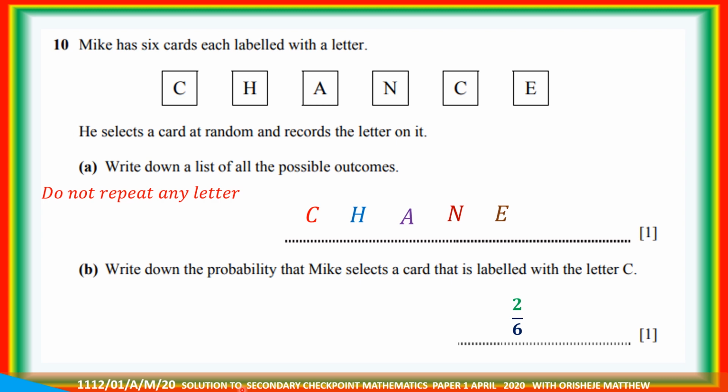We have 2 C's. So we are picking 2 C's out of 6 letters. So the probability is 2 over 6, which is the same thing as 1 over 3 if you reduce it to lowest term.